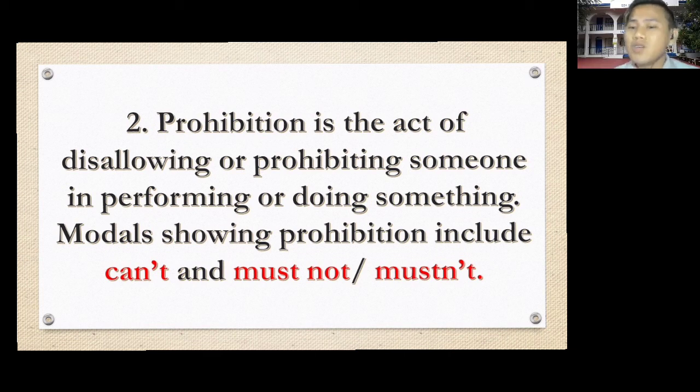And we also have must not or mustn't. Okay, so as you can see, there is the word not. There is negation because you are being prohibited. You are prevented from doing something. All right, that's why we cannot omit the word not from our modals.